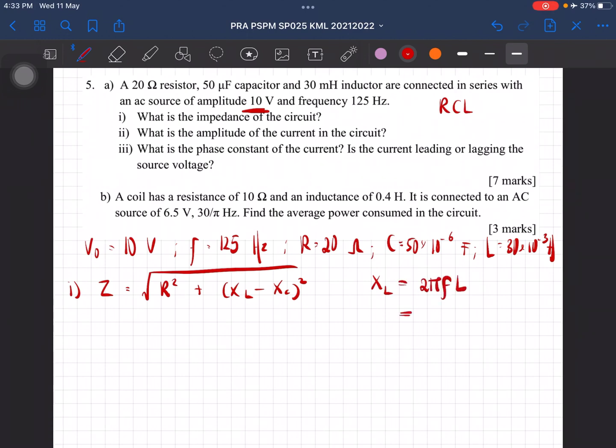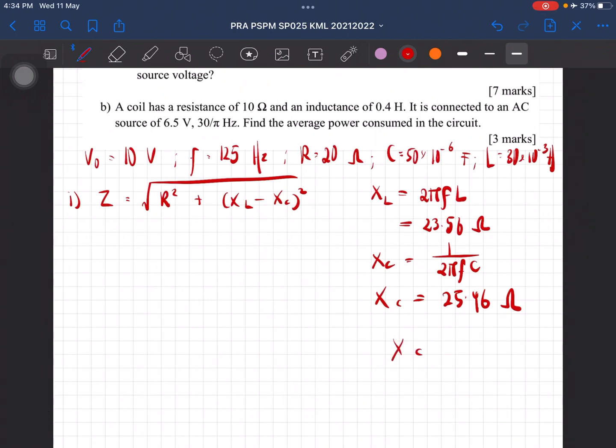XL is equal to 23.56 ohm, and then XC is 1 over 2 pi FC, where you should get the value to be equal to 25.46 ohm. Okay, so this is the situation where XC is greater than XL.